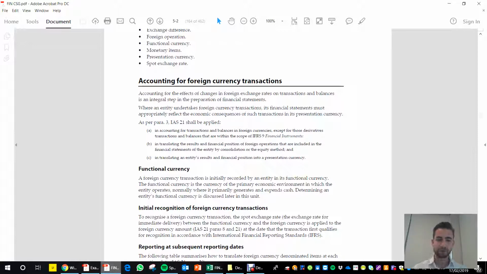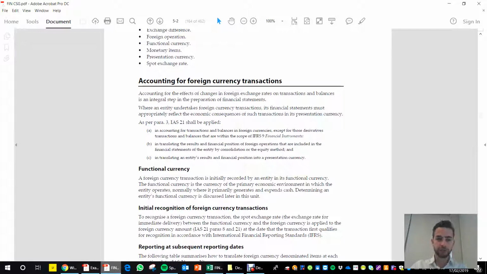For example, if you have a subsidiary overseas. So the first part is actually dealing with transactions themselves. For example, you're an Australian company and you make a sale to New Zealand or buy stock from New Zealand, and the transaction is denominated in New Zealand dollars. You need to know how to account for that so that the transaction is reported in AUD.